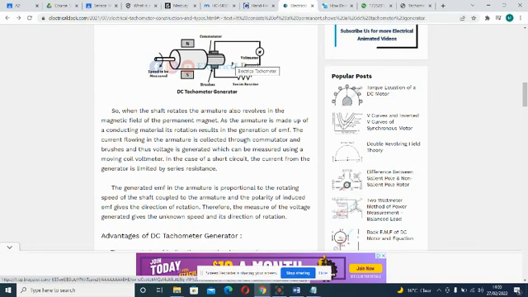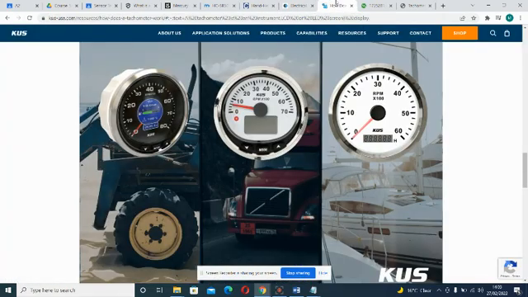Coming on to the working of the tachometer, mechanical and electronic tachometers operate differently. The operation of a mechanical tachometer is similar to that of a mechanical speedometer.